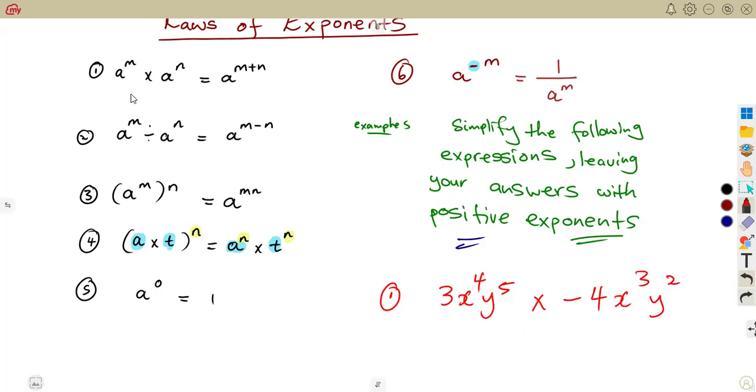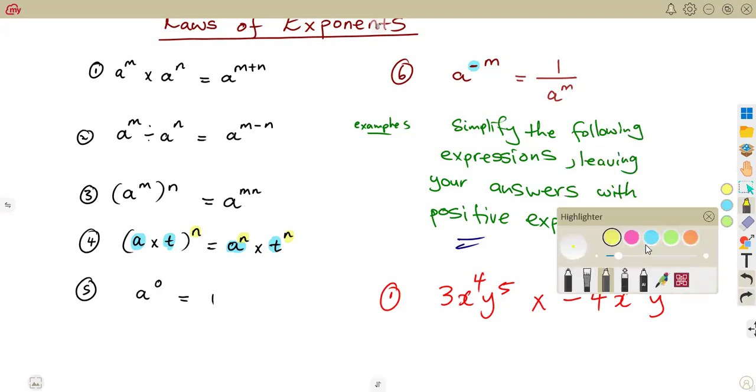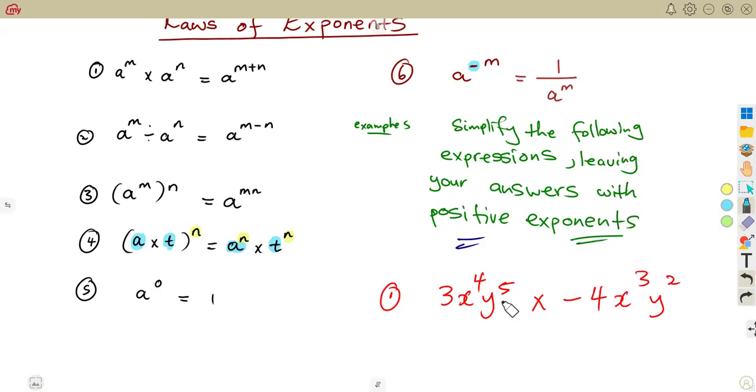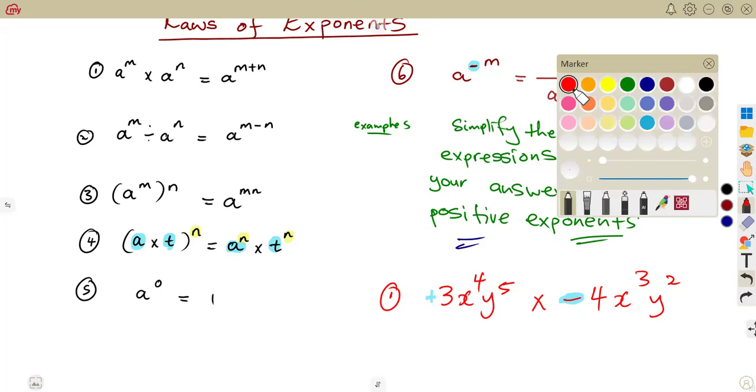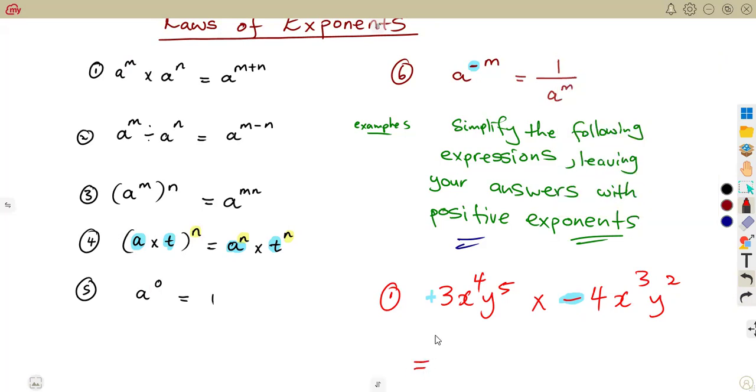So we are going to use the product law, that if the bases are the same, we add the exponents. So what you do is that you start with the numbers, guys, on their own. In fact, the signs that are affecting the numbers. Here the plus, here there's a minus. So you're going to multiply those numbers on their own, considering the signs.